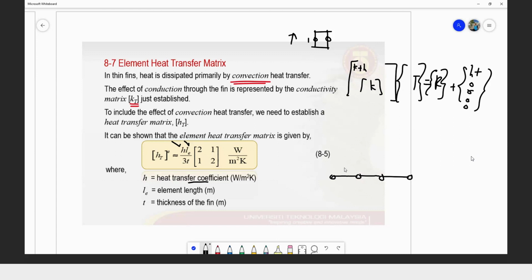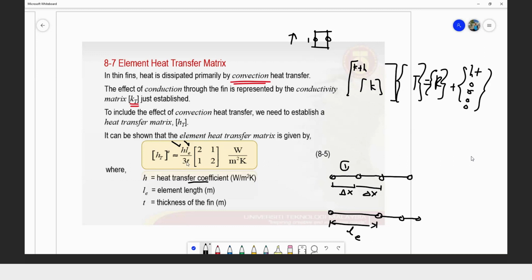The length of element, kalau element of equal spacing. So kena tengoklah elemen 1 berapa dia punya size. Elemen 2 berapa dia punya size. And then sekiranya elemen tu tak equal spacing, then you have to consider lah delta X of each element ataupun delta X dalam kes ni adalah L untuk setiap elemen tu.